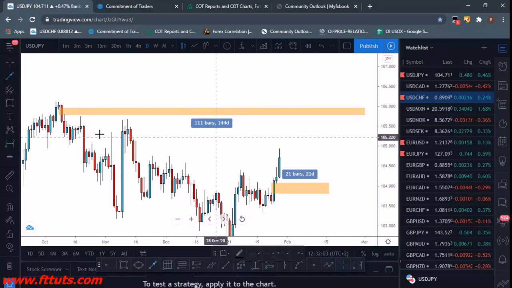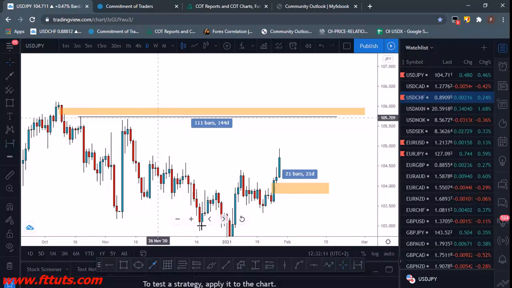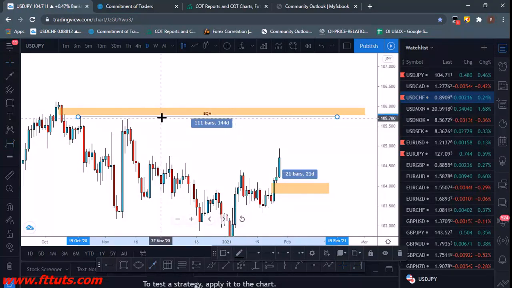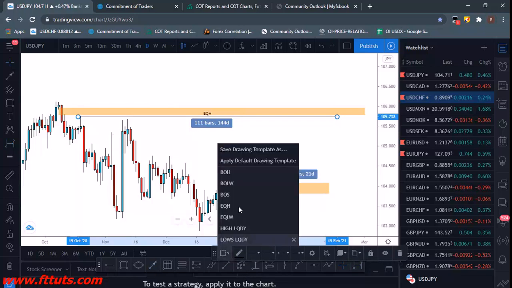And then let's look at other liquidity. We also have, right around the same area, this, which is what? Equal highs. So I already have this equal highs, so I can just write it like this, equal highs. Once an equal high is manipulated, it will change to be a liquidity. So what does it mean?